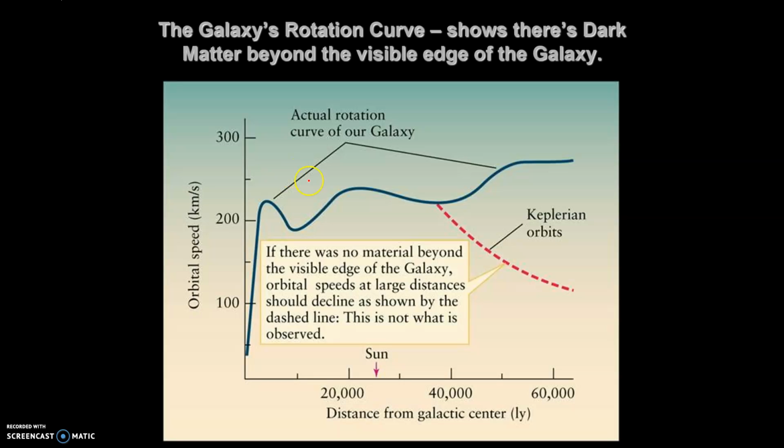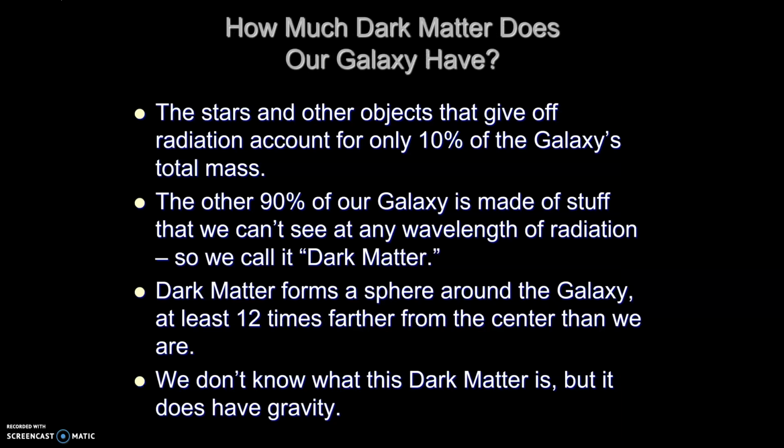So this is the actual curve. If there was nothing, we would expect to see this decrease. But since we know there's something out there, something that we call dark matter, we see that this line continues to go, which is a little bit interesting to think about.